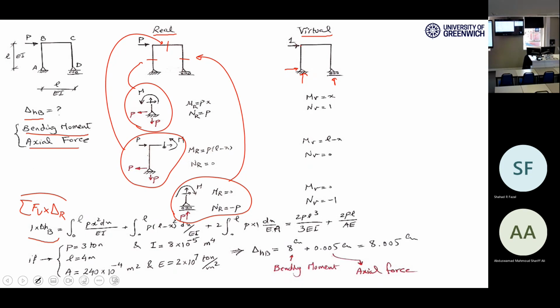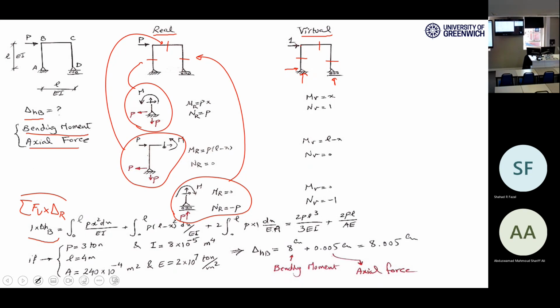So for the virtual structure, we do the same sections. For sectioning the virtual structure, we just follow the real structure because, again, they are going to sit beside each other in the integration. So they really need to have the same X in real and virtual structure to be consistent when you write the integration.